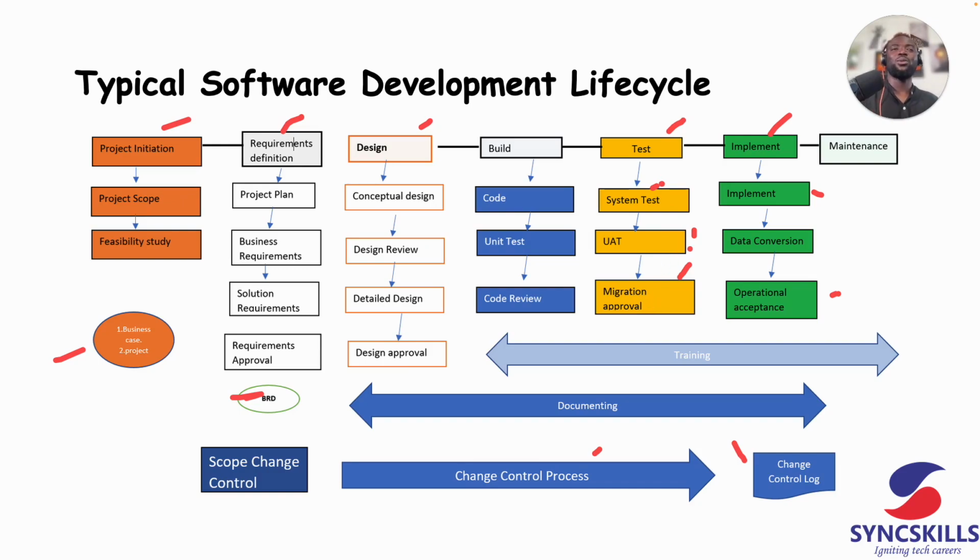Then we can support that with sessions like user acceptance testing, and get approval for migration if there are migration components in the project, and then we operationalize it and continue to maintain it as we go. And as you're working through all of this, you also need to start to train people on how to use the application so that they can support the end users if there are any support issues.